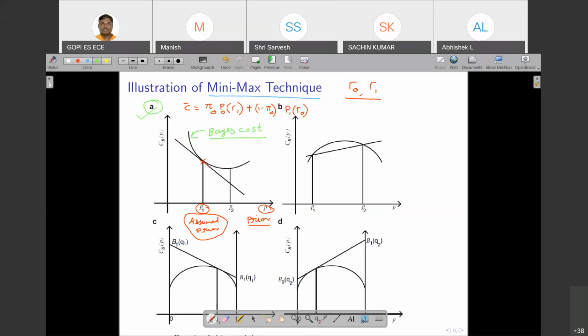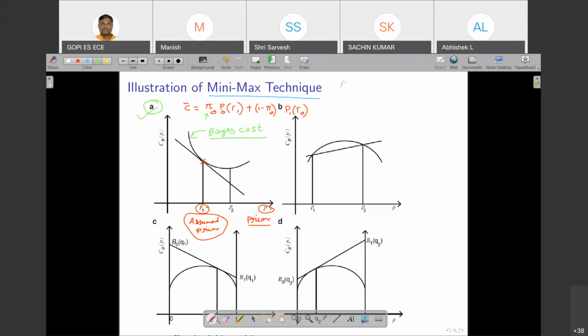You see only this A, right? So this is the Bayes cost. This is the Bayes cost for every prior probability, right? So you know that for every prior probability, right, you get, so I'll put it here like to make you understand how this graph is plotted. Let me put like this.